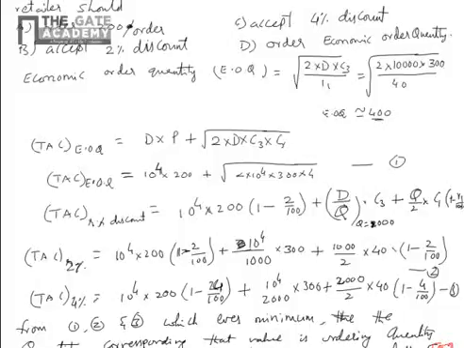One is total annual cost at economic order quantity. Another one is total annual cost at 2% discount. Another one is total annual cost at 4% discount. So whichever is minimum, the quantity Q corresponding to that minimum cost is the ordering quantity which we prefer.